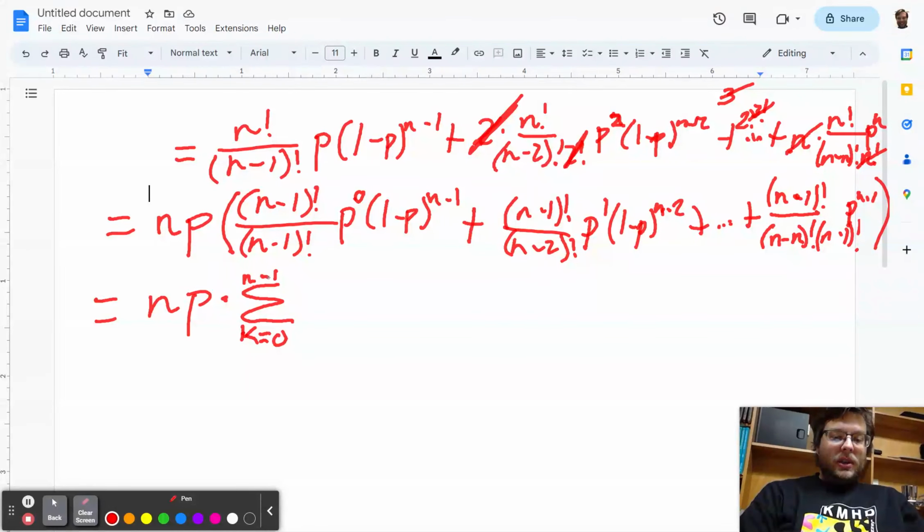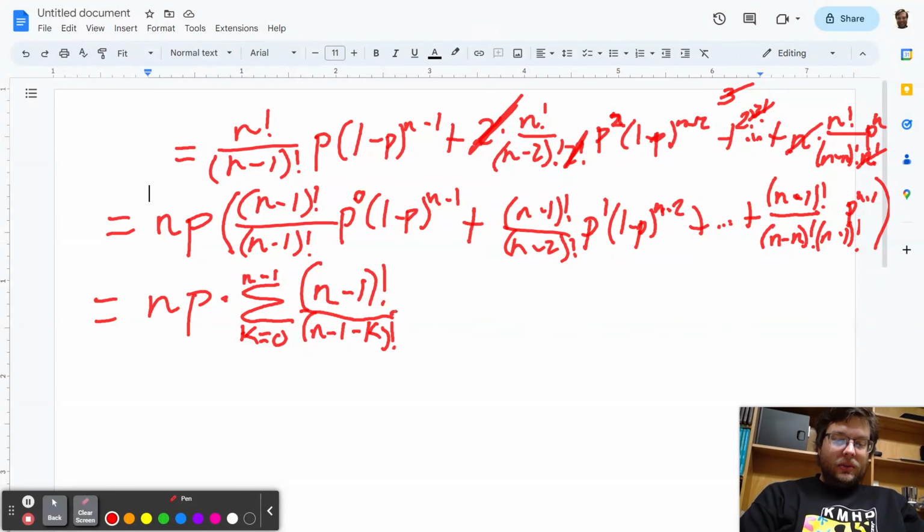The term in the front is always n minus 1 choose k. So it's always n minus 1 factorial. And then on the bottom, we have n minus 1 minus k factorial and k factorial.